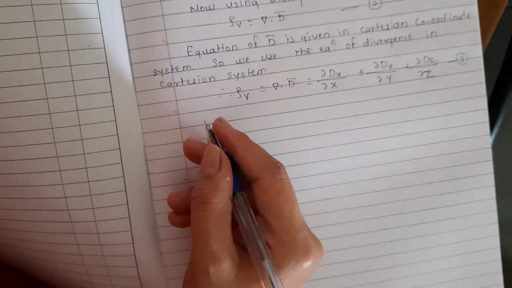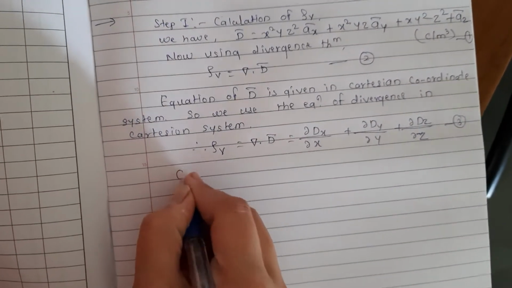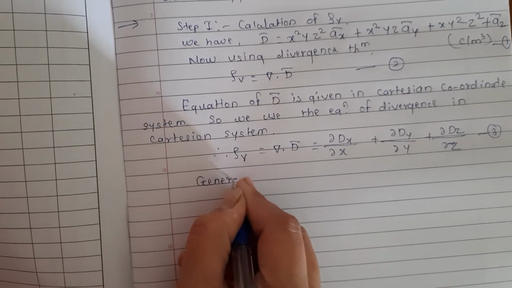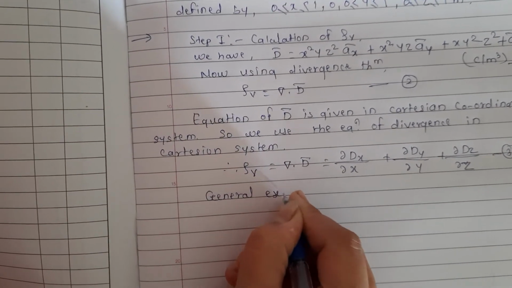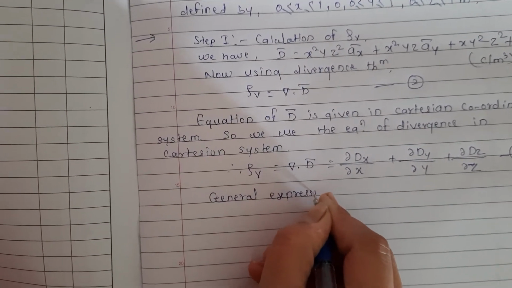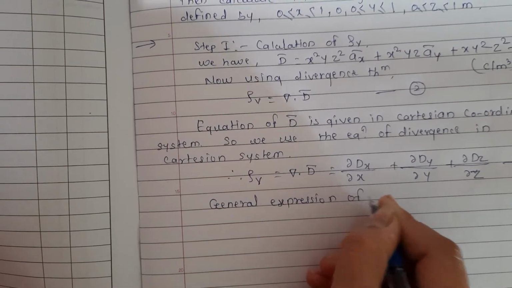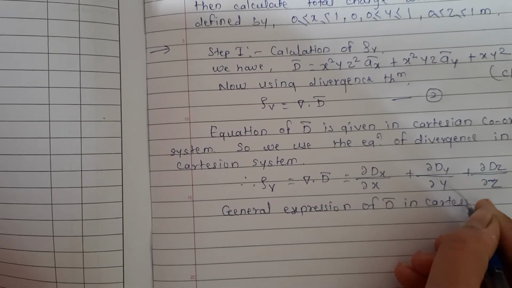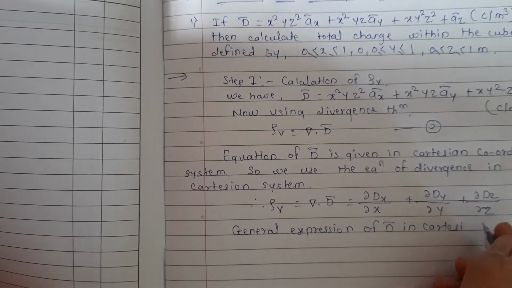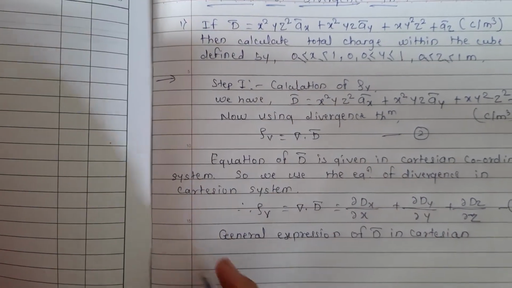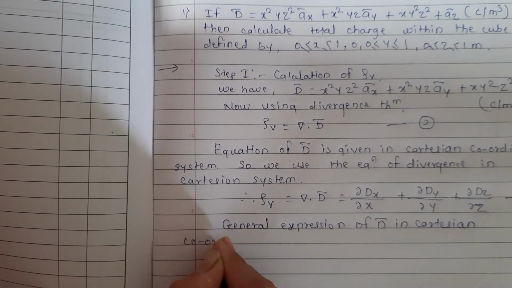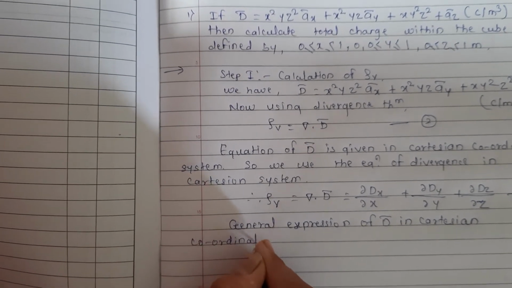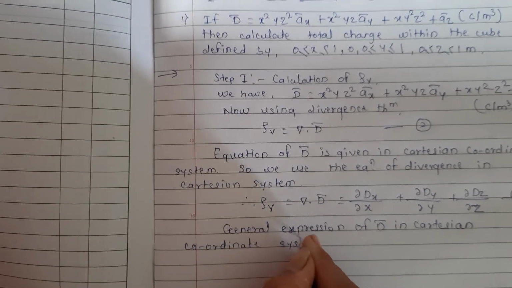Now we have the general expression of D bar in Cartesian coordinate system.